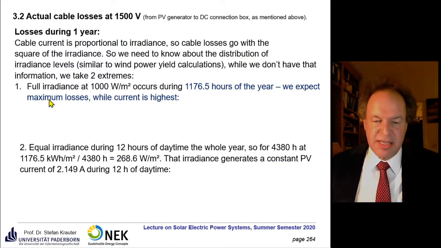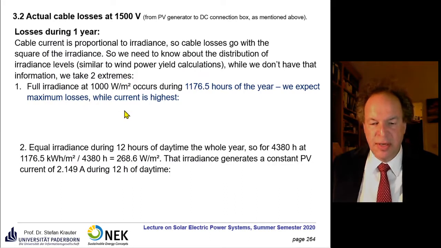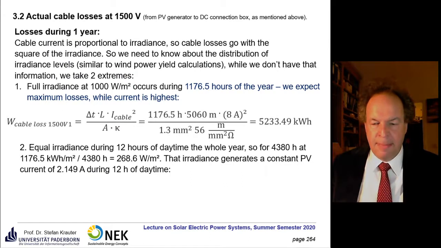So the losses that we incur, we calculated here already. So this, we calculated already for 1000 volts. Now we will calculate them for 1500 volts. Same issue here, but we have less cable length, a little bit.